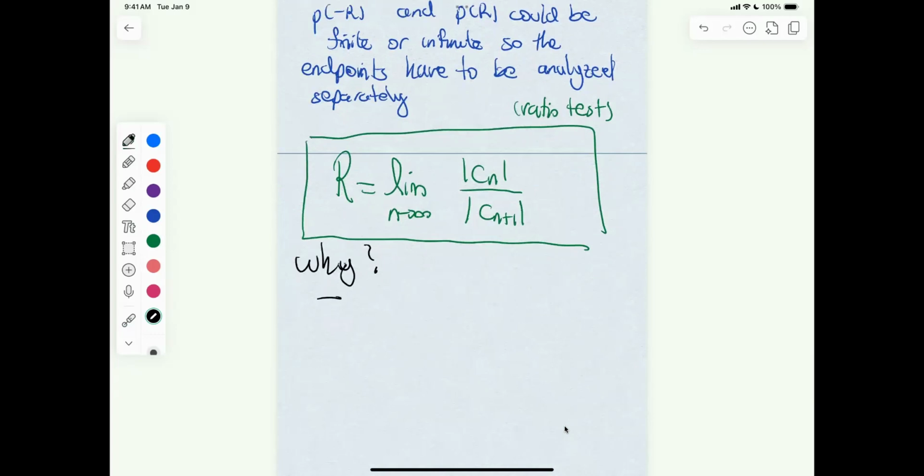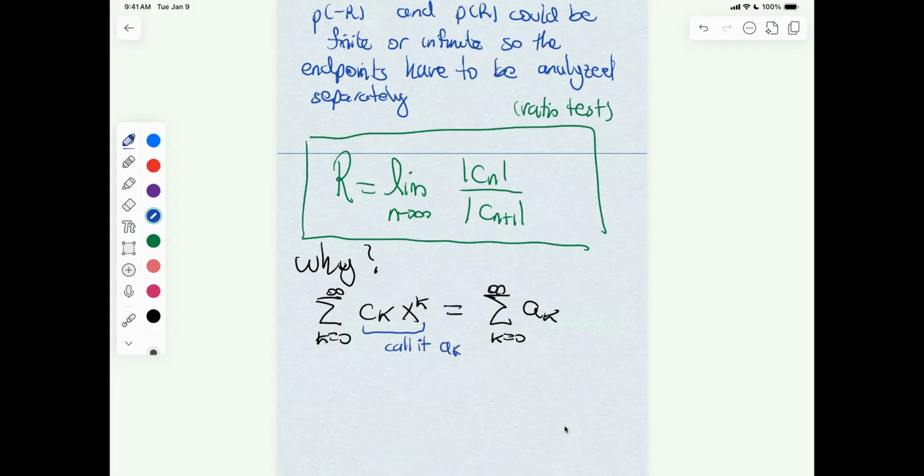So we were considering something that looks like this, right? Let's call all of this A sub K, AK. By the ratio test, what did the ratio test say?